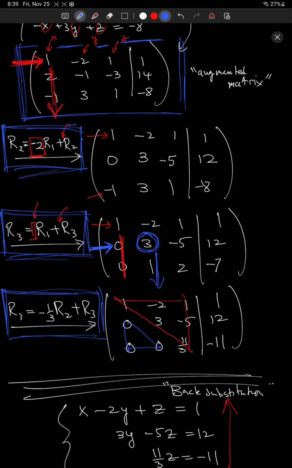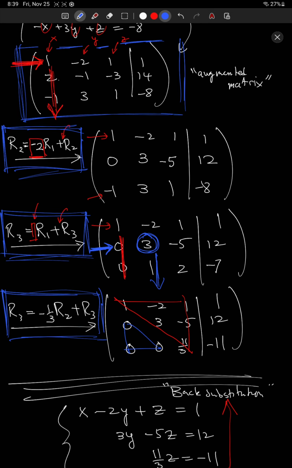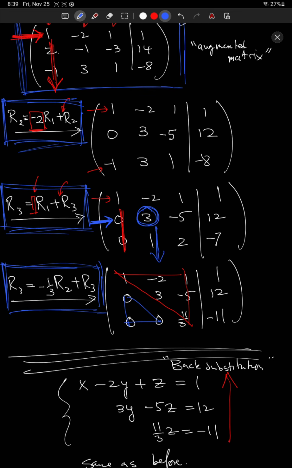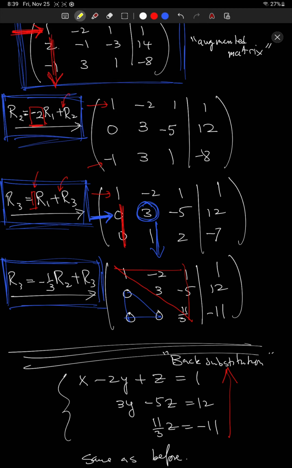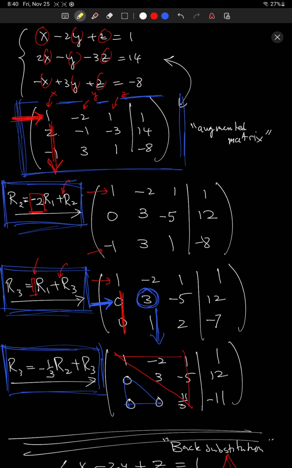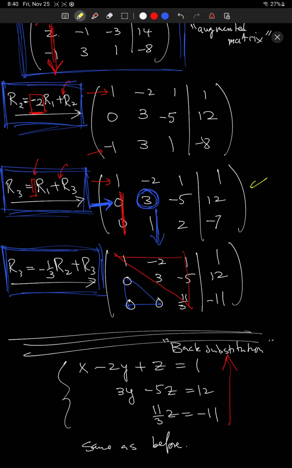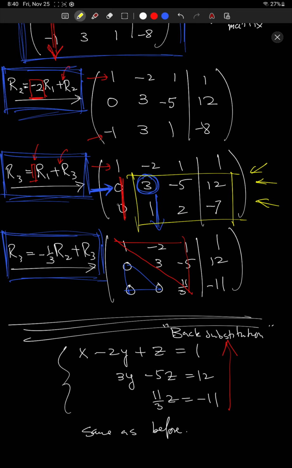Okay, and here again you can see, we started out with just a generic system of equations, 3 equations, 3 unknowns. But once we get to this step, after we've cleared everything under equation 1, this guy here is 2 equations and 2 unknowns, because there's no more x's.